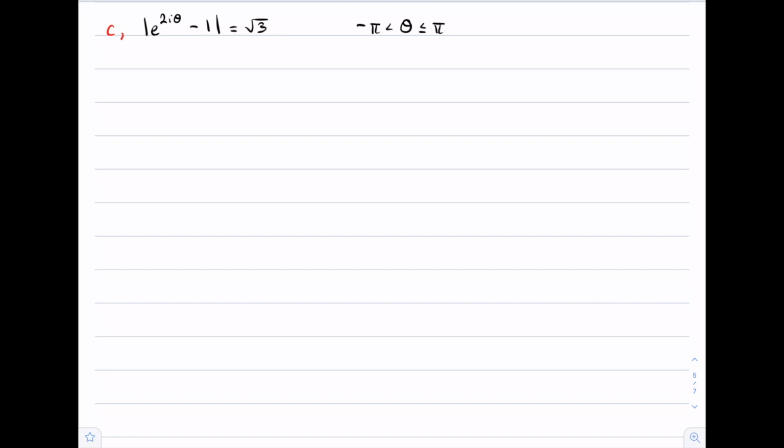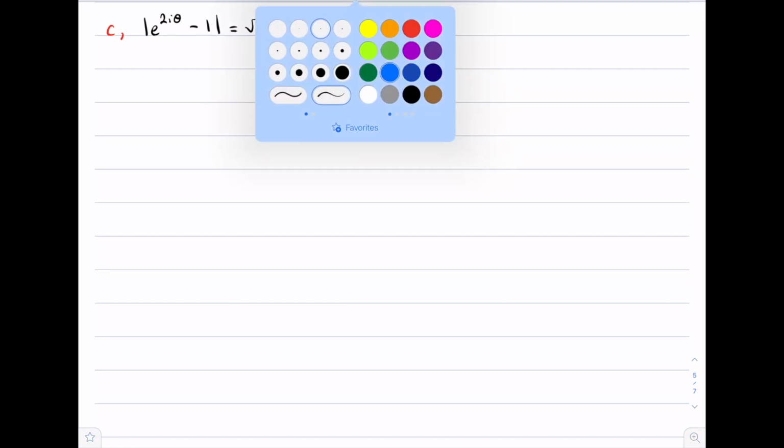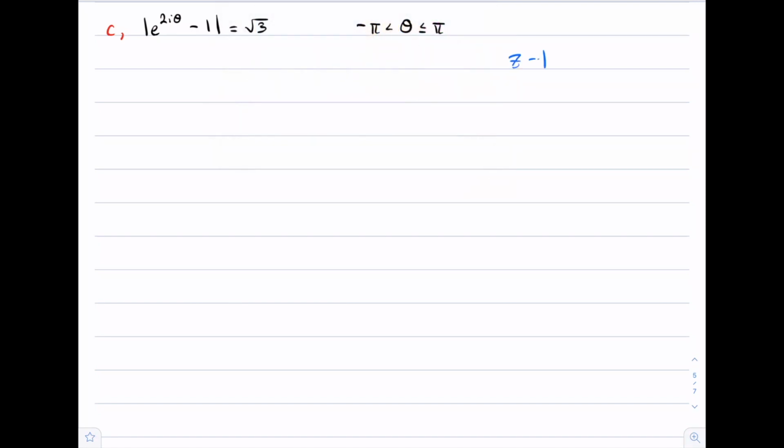Now, when I look at a question like this, I notice that we have some complex number and we're taking 1 away from it. So this is something of the form, let's write it on the side here, z minus 1. A lot of the time when we're dealing with something of this form, we want to resort to our half angle results, right? Because z, if it's on the unit circle, of course, we can write as cos plus i sine.